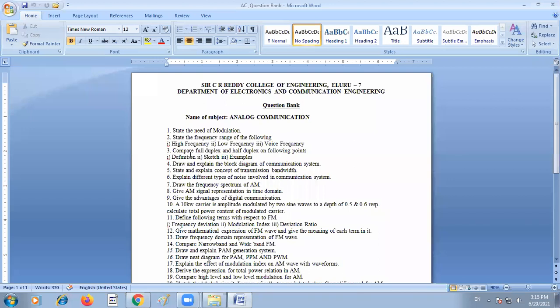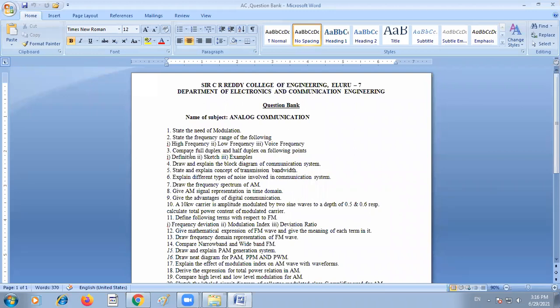So this is the directional capability of the communication. Simplex is only one-way communication. Half duplex is both-way communication. Full duplex is both-way simultaneous communication.